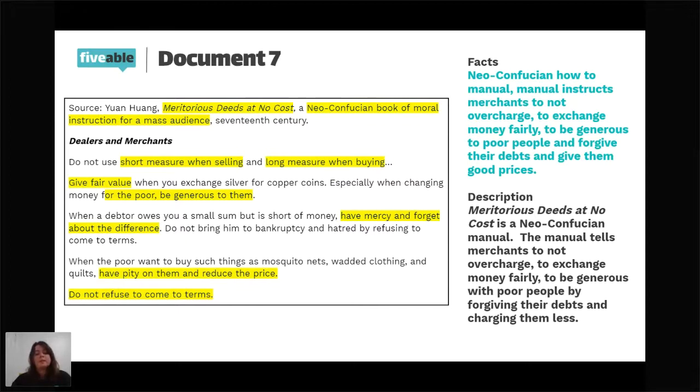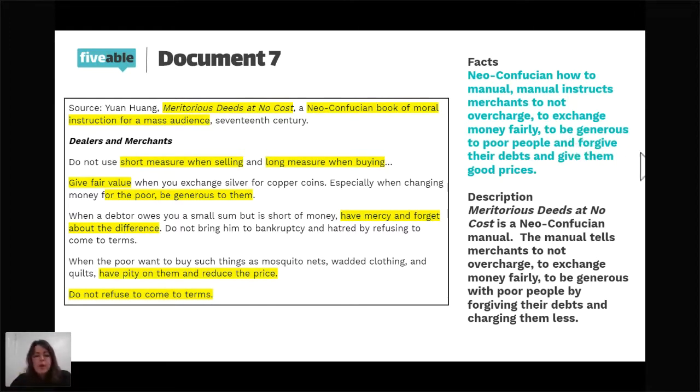They're buying necessities, mosquito nets so they don't get bitten alive, right? Wadded clothing, like old ragged clothing, reduce the price. Do not refuse to come to terms. They've said that a couple times. Don't refuse to sell it to them. Take a lower price. So this is a little different.